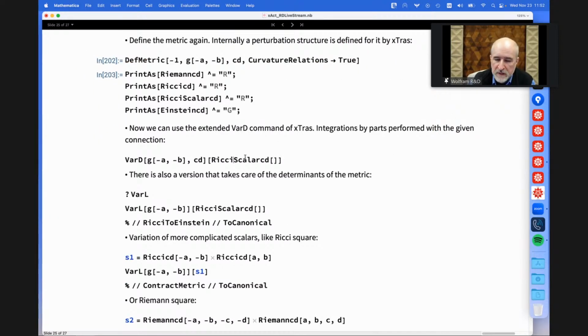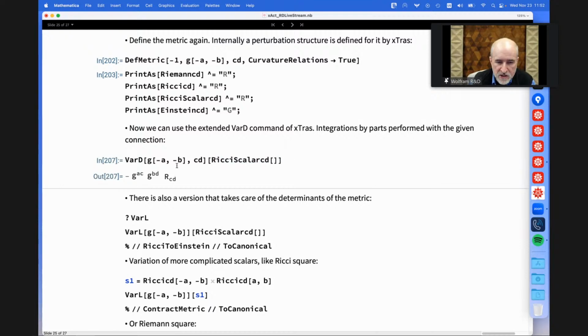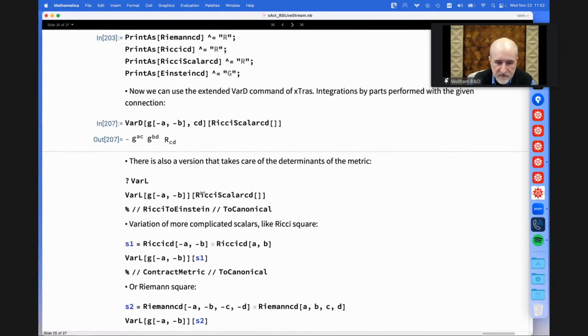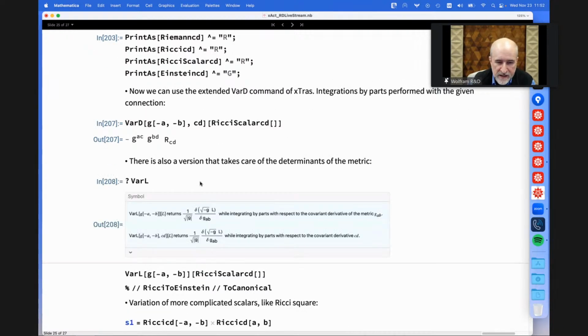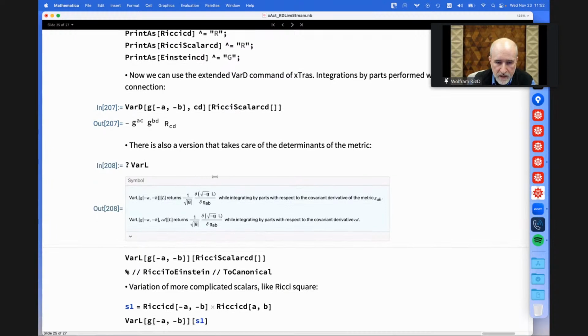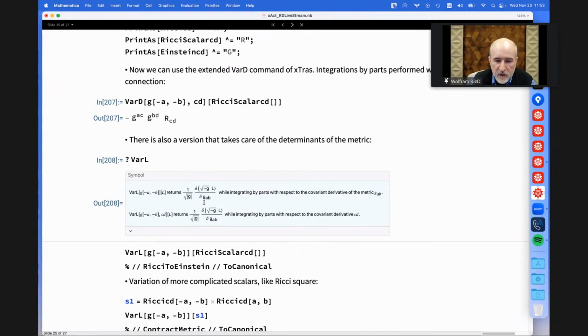And what we are going to be doing is to take variational derivatives of various scalars, right? So that's Ricci, right? So that's the standard variational derivative. There is a formula here called VarL, which will insert appropriately the determinants of the metric, right?